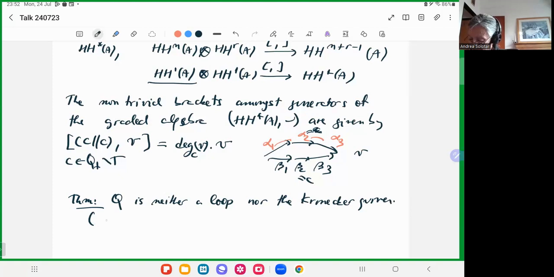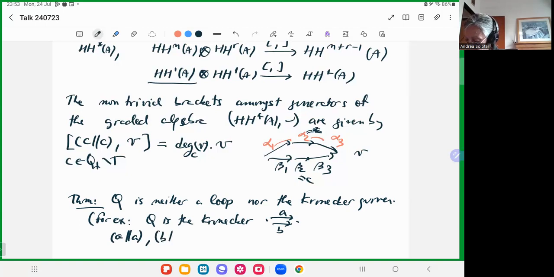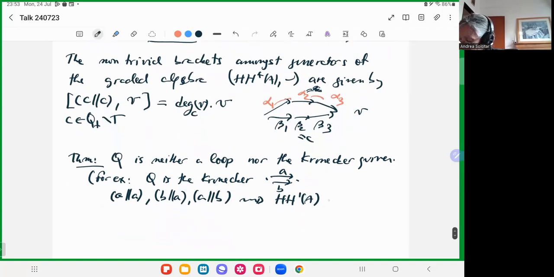For example, if Q is the Kronecker quiver with arrows A and B, here we will have Hochschild cohomology only in degree 0 and in degree 1, and in degree 1 we will have 3 elements, 3 different classes: A parallel to A, B parallel to A, and A parallel to B. We don't have B parallel to B because it will be equivalent to A parallel to A. And the existence of these 3 elements will give me that the Lie structure of HH1 is isomorphic to SL2, okay?